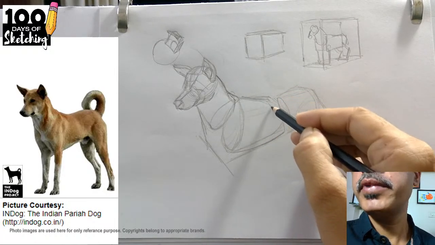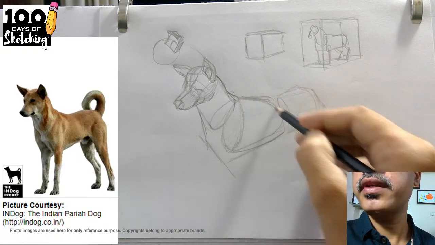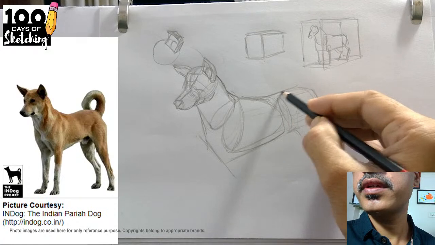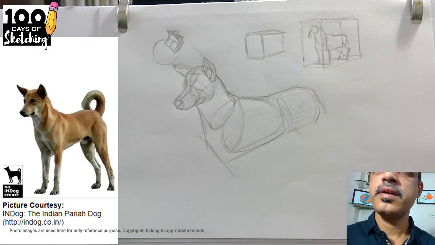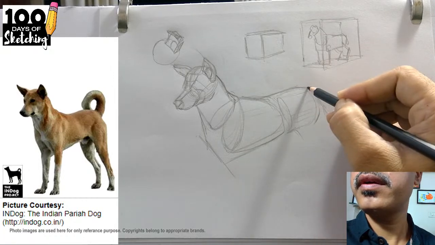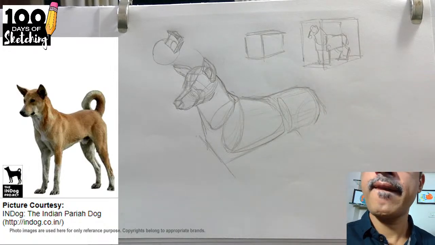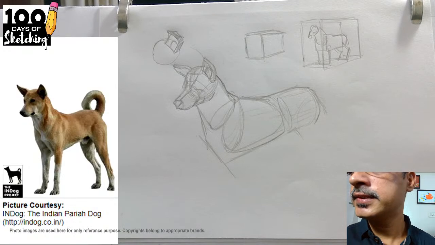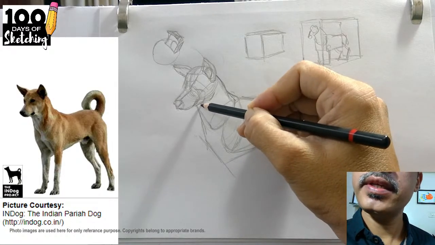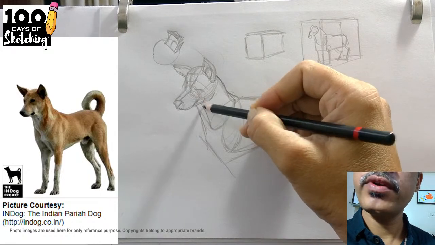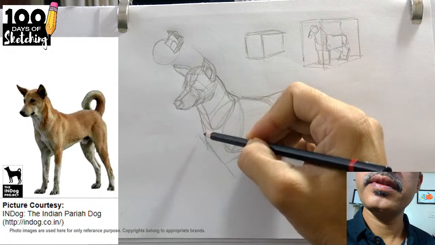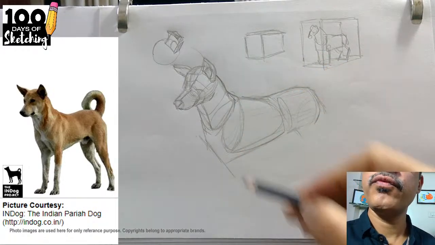You can see little muscles or something like this coming here, and then this portion is now, as this is the center point of the cylinder, this is the roundness for the neck.